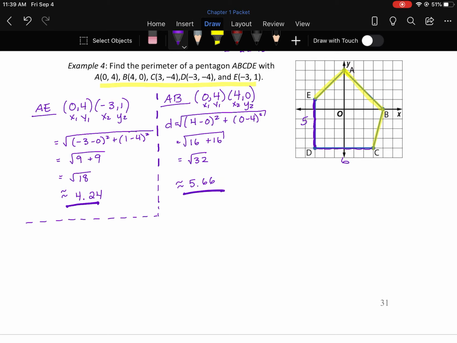All right, the last side we have to do is B to C. So the coordinates of B are (4, 0), and the coordinates of C are (3, -4). So x1, y1, x sub 2, y sub 2.